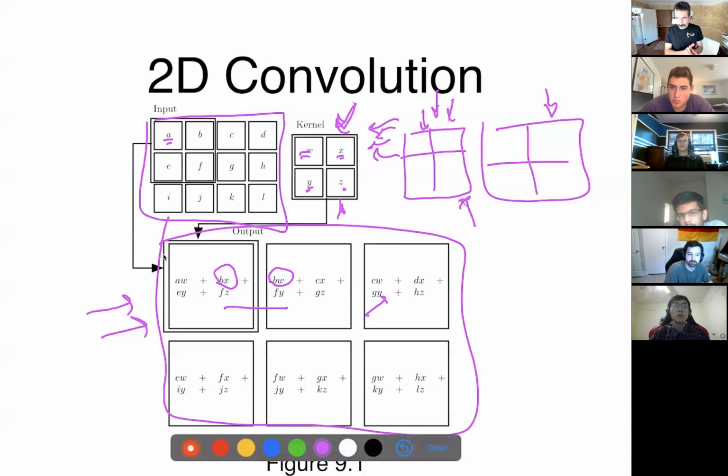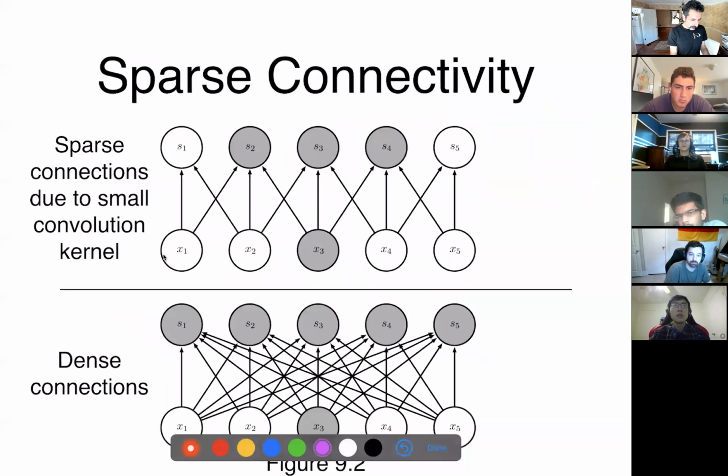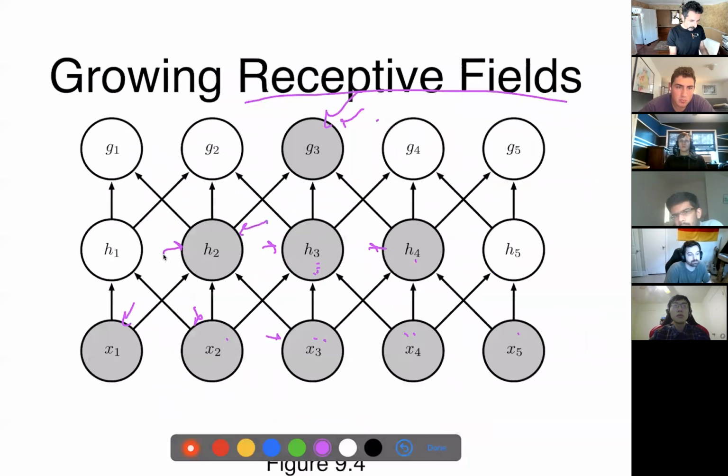As you move down to the hidden layers, these features become more high level, and it generalizes better. If you move deeper, you learn higher level features.